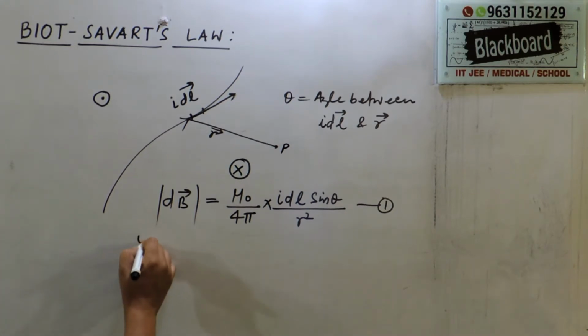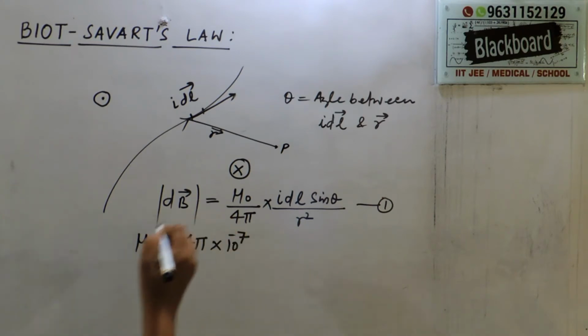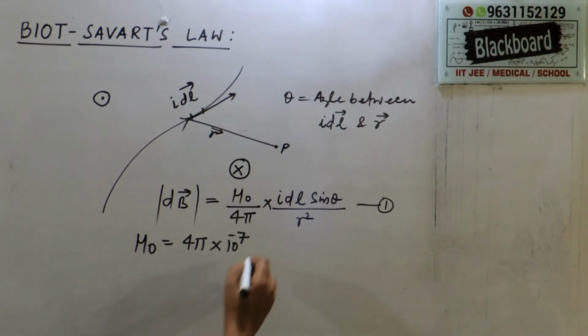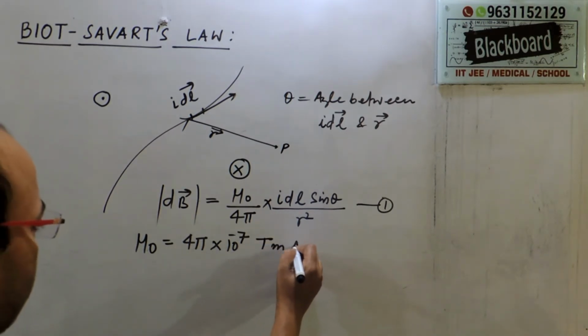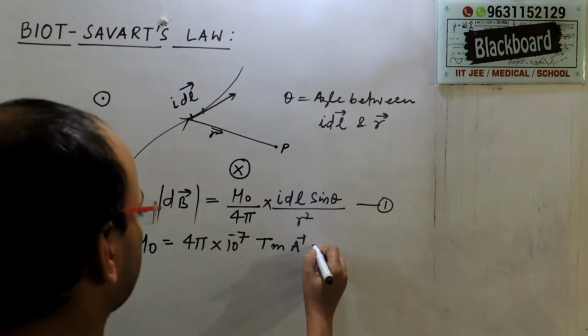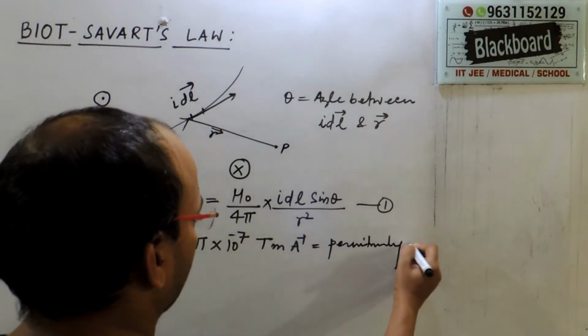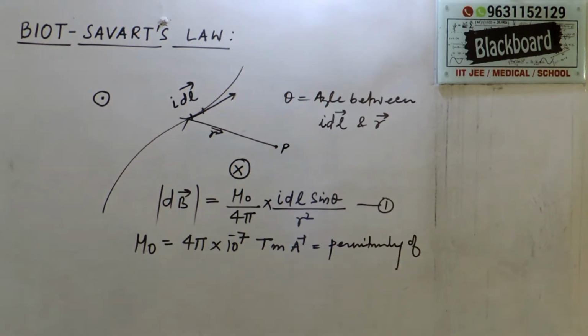Mu naught is equal to 4 pi into 10 to the power minus 7 Tesla meter per ampere. This value is called the permittivity of free space.